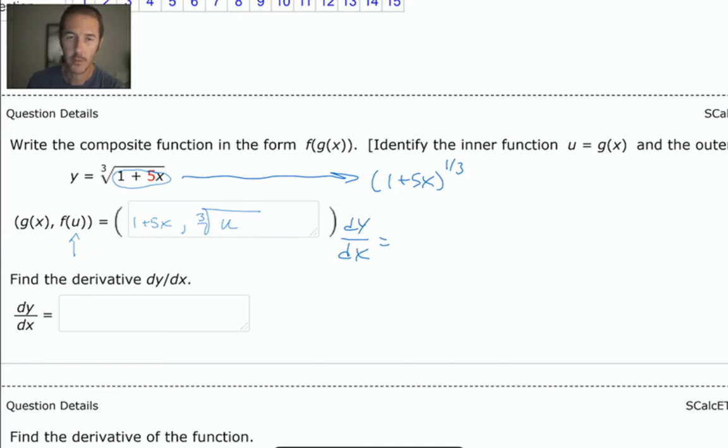Here's the process. Take the exponent, multiply it out front, just like we always do, well, not always, but when you're working with a polynomial. We keep the function that was under the exponent, the 1 plus 5x, and decrease the exponent by 1.